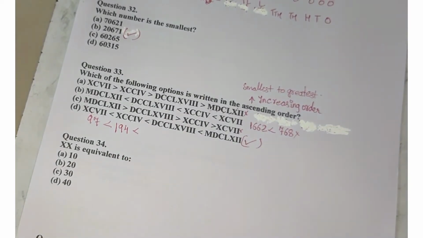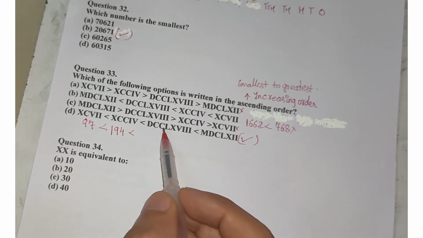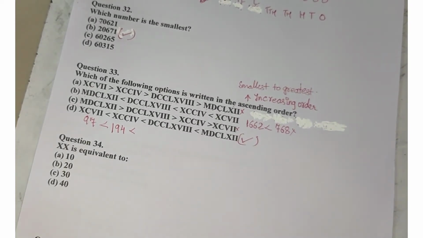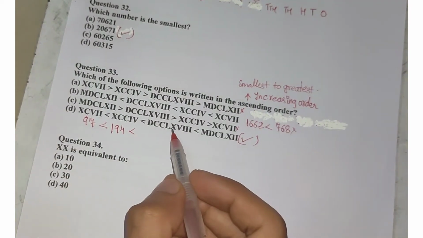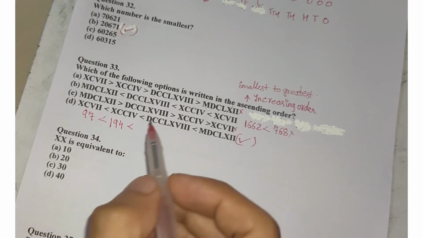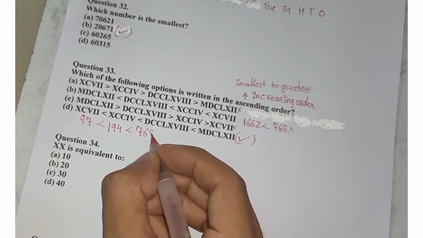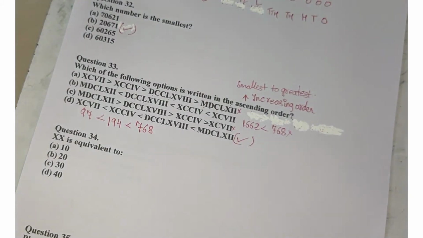Then comes this: 500 plus 100 plus 100, it becomes 750, and then X, so 760, okay, and then 8, so 768. So it is increasing, right?